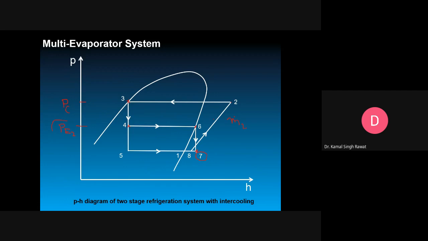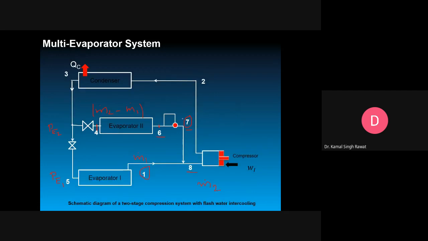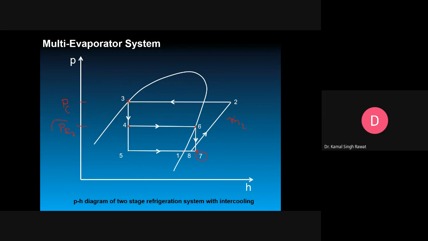Now, this superheated vapor mixes with the saturated vapor at point 1. So the superheated vapor available at point 7 has pressure PE1, and at point 1 the pressure is PE1. So these 2 points are at the same pressure. When they mix, the final enthalpy is H8, and the new state is 8, which lies between 1 and 7.